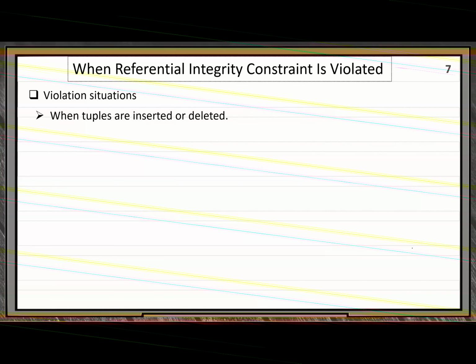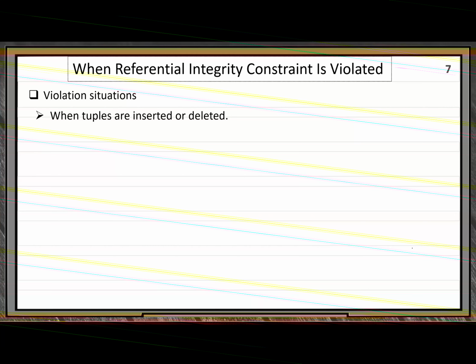First, when tuples are inserted or deleted, it's very natural. Sometimes you need to insert a new tuple, sometimes you need to delete a tuple. When you delete a tuple, that tuple may contain a primary key, and that tuple with a primary key could be referenced as a foreign key in another table.